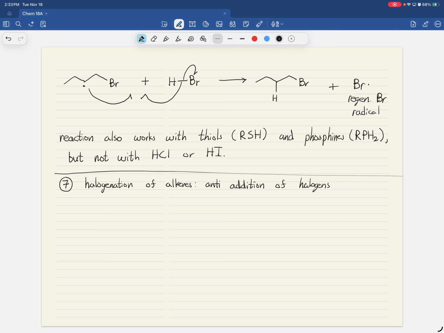Okay. But this one is stereospecific. Instead of syn addition, we get anti-addition. So let's imagine our alkene. We're looking at the alkene head on. So it has a dashed methyl group and a wedged methyl group on both sides.